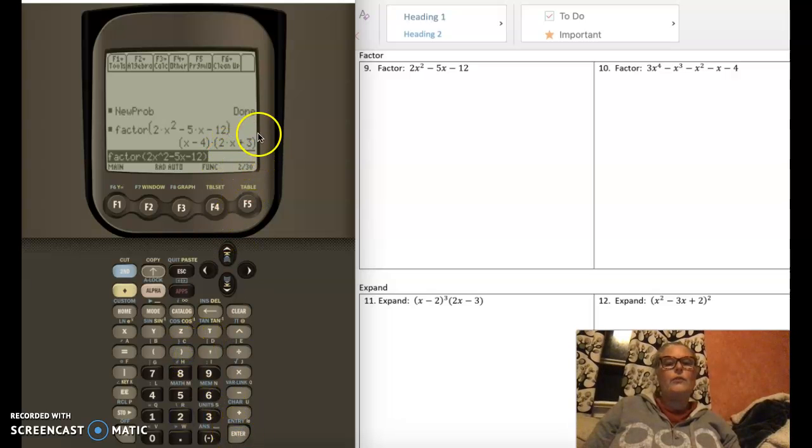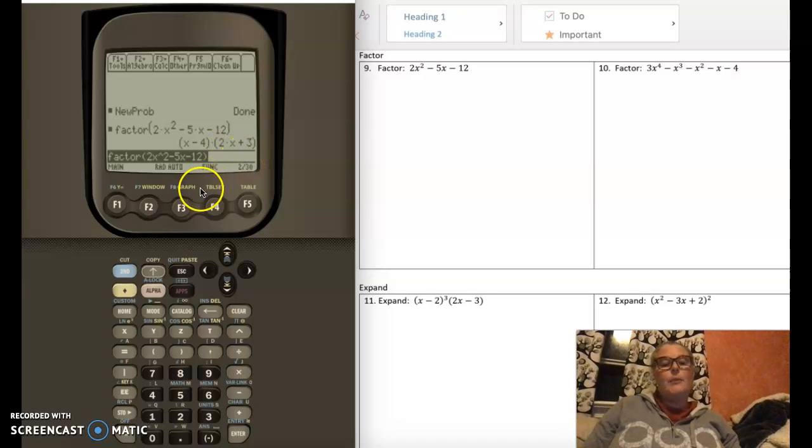And it factors for you. Here are the factors. If you happen to have a decimal here, it may factor out the 2, and then it would have written x plus 1.5. It's because it's using the zeros of this particular expression to help get the factors.